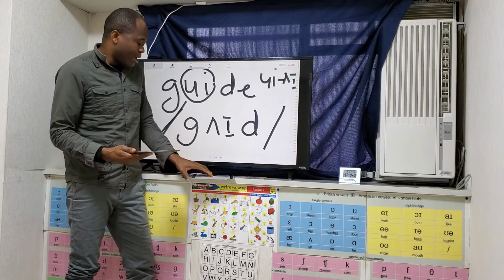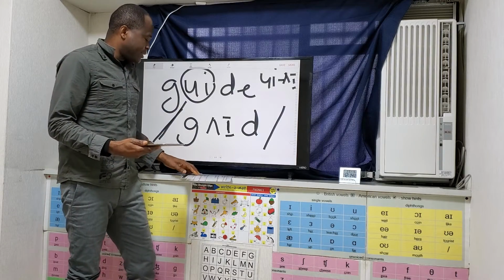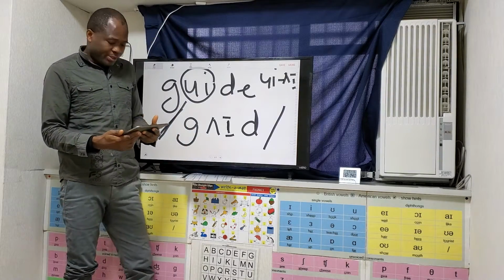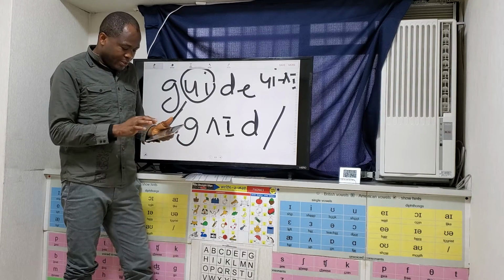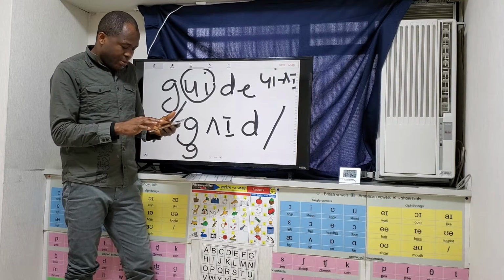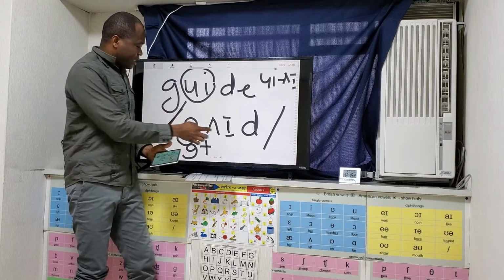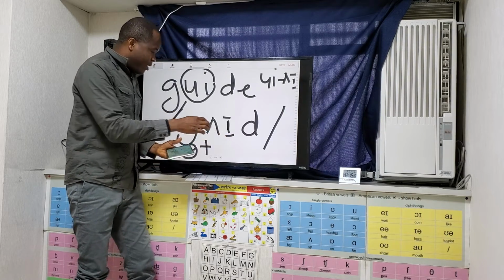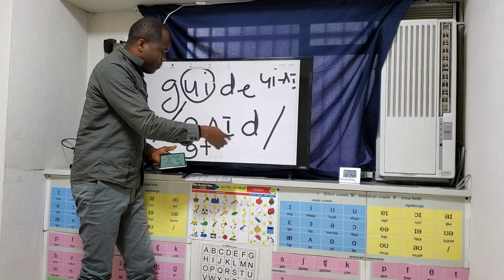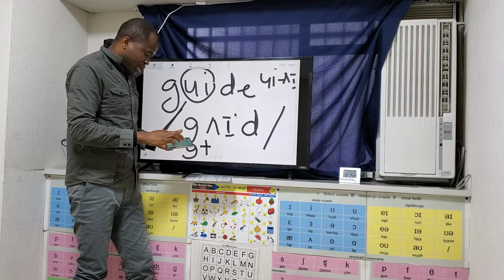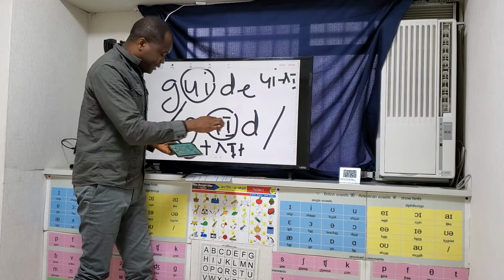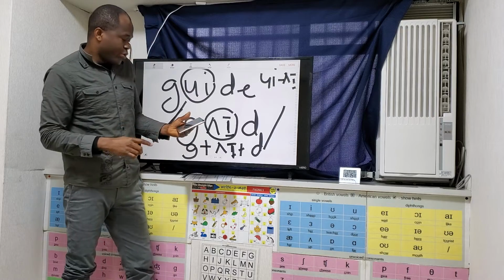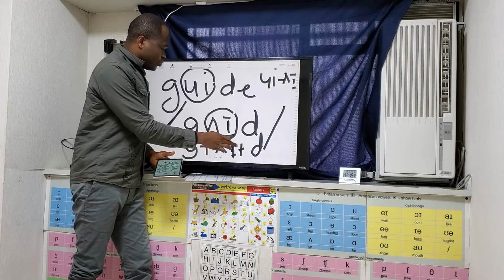Let's look at something about guide. First, you want to look at the phonemes. How many phonemes? G, plus I. This is a vowel blending, so together they become I, plus D. So we're going to have 1, 2, 3.